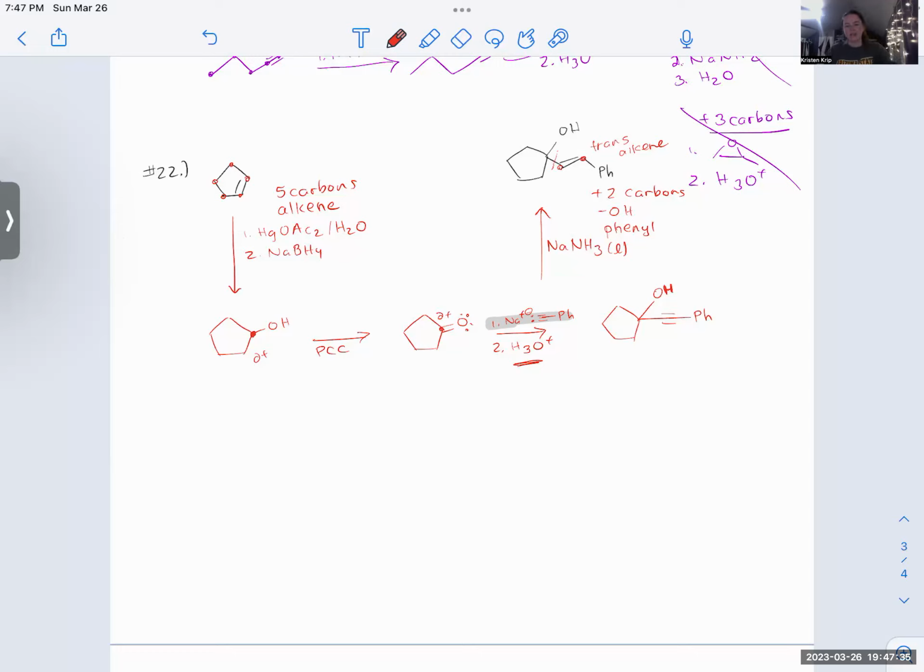So hopefully not something this complicated, but it is good for your brain to try different things. What is another good one that we could do? You do 23. Sure. Let's do 23. It's another one like this.